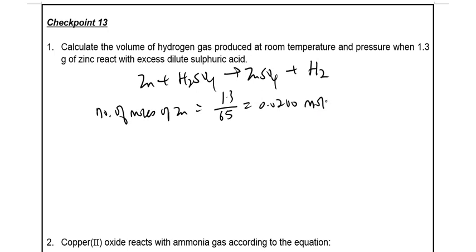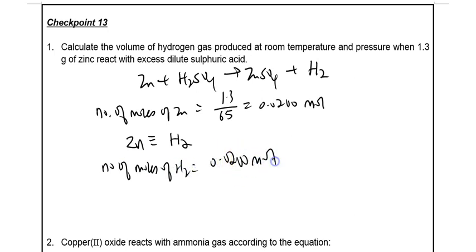And based on the molar equivalence, 1 mole of zinc will give me 1 mole of hydrogen gas. So number of moles of H2 is also 0.0200 moles, and the volume is simply number of moles multiplied by 24, and I have 0.480 dm cube of hydrogen gas.